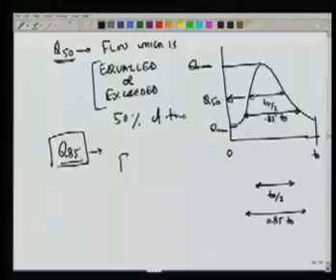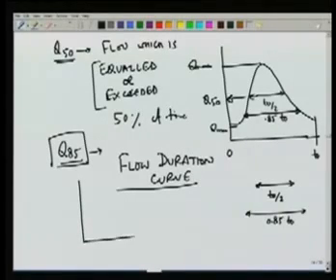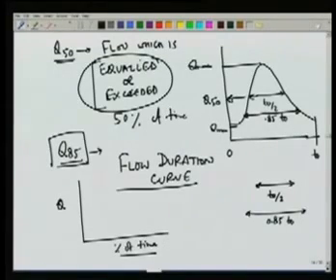To answer these questions, we use what is known as a flow duration curve, which plots this percent against Q. And this percent is percent of time equaled or exceeded, and the curve would look like this.